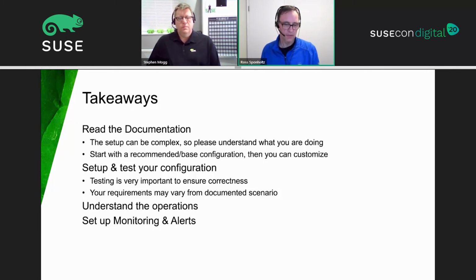There are some customizations that you have to make based on, for example, your host names and SAP SID names, those kinds of things. And what I would recommend is start with a known base configuration. After you've done that and done testing, then you can customize that configuration to make it fit your scenario better, but start with something that's known and tested.